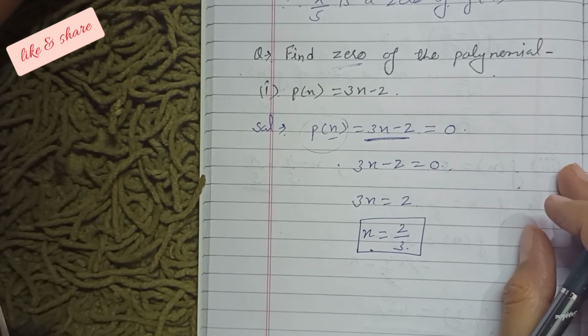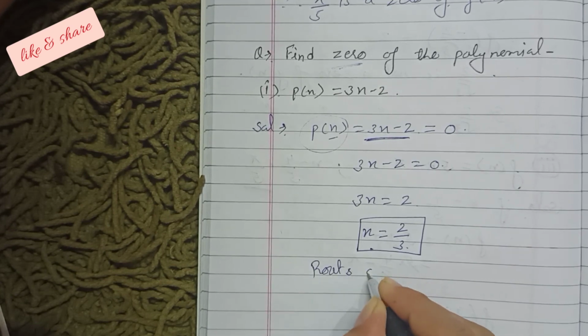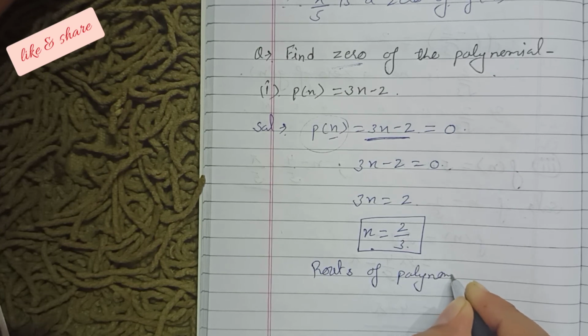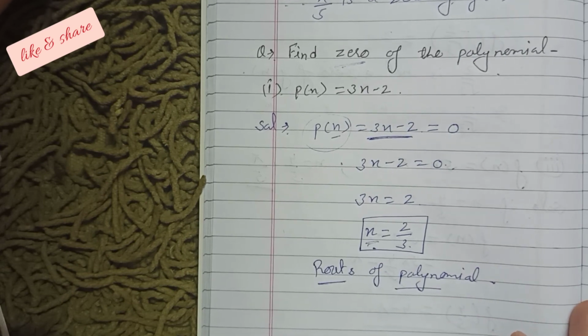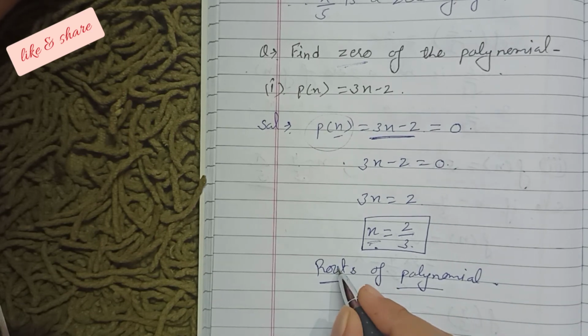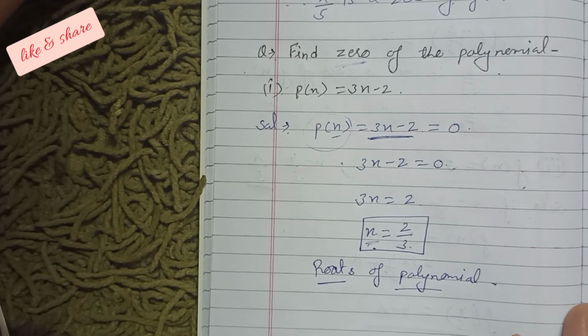Okay, it is also called the roots of the polynomial. When we equate any polynomial to 0 and find the value of x, it is also called the roots of the polynomial. So basically there is no difference between zeros and roots, both are the same. Okay, now let us see the next part.